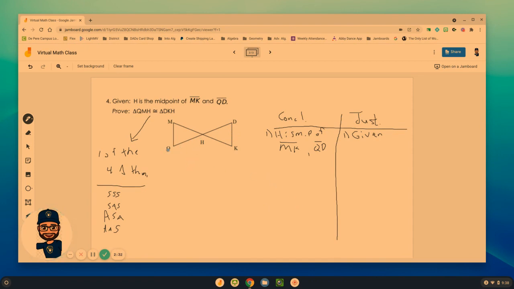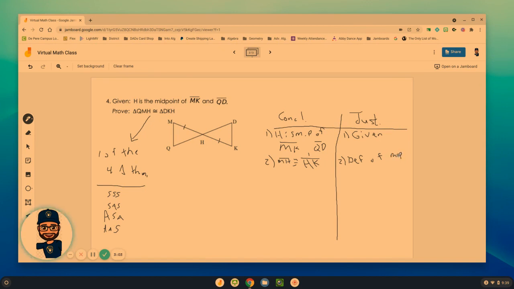And so if H is the midpoint of MK, we know this segment is congruent to that segment. So we should write that down, that MH is congruent to HK. How do we know that's true? Well, that's the definition of midpoint, which they told us it was, so we can use definition of midpoint.